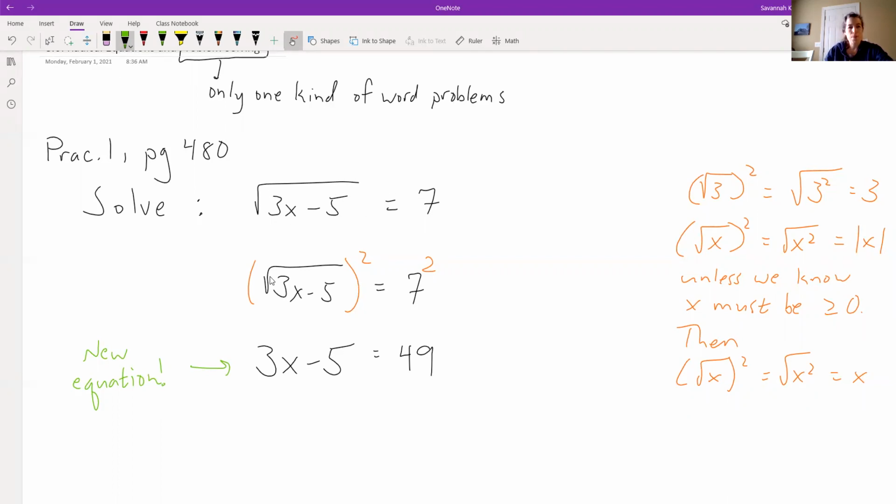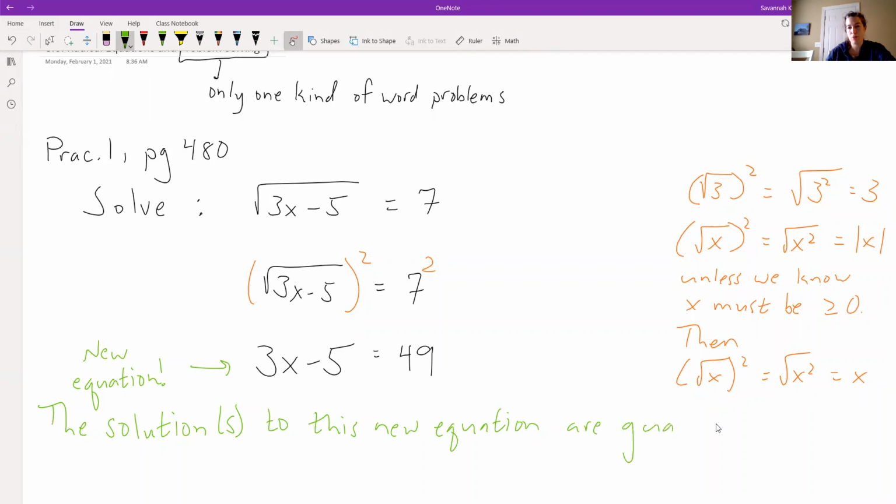Here's the problem, or the rule that the book puts down, and I'm restating it. The solutions to this new equation are guaranteed.